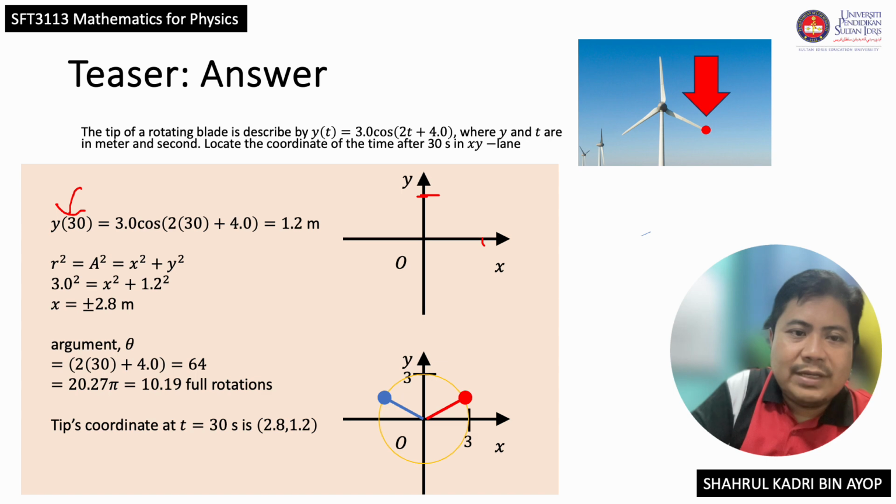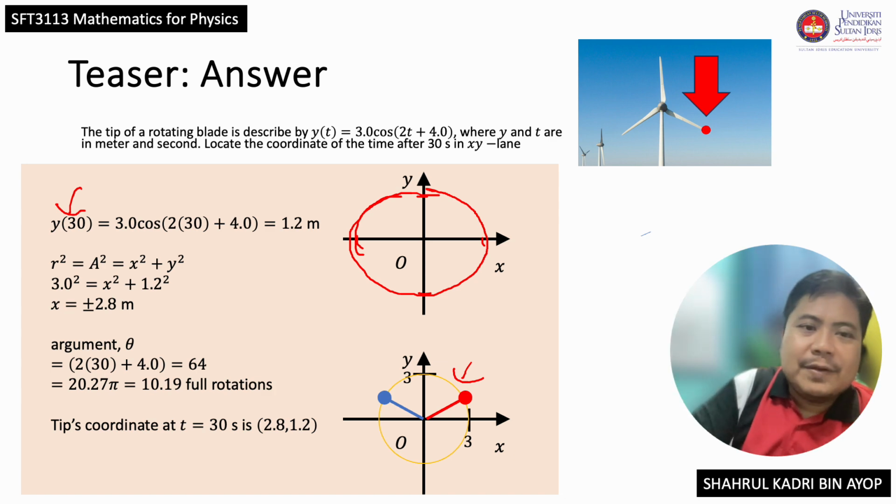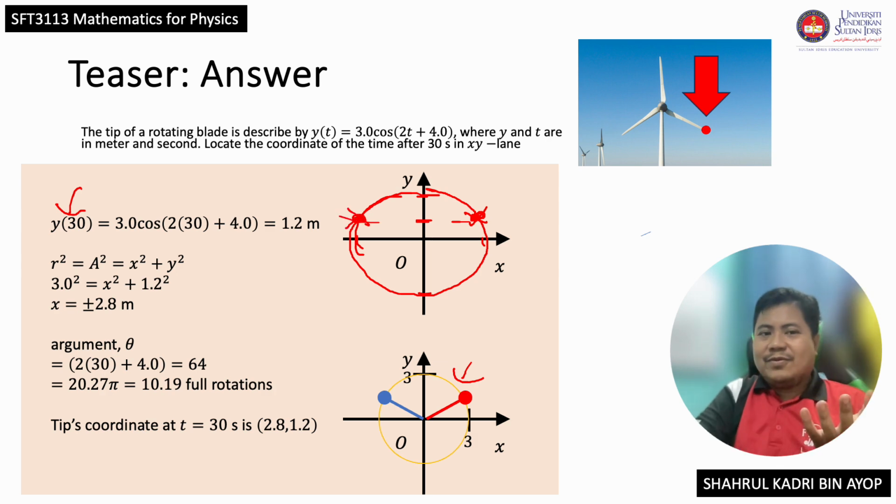First, the border of the motion is around this area, with radius 3. And 1.2 is about here, I think. 1.2 is y. So the position of the tip is either here or here, we do not know, but we know that on the y axis it is located at that level, 1.2 above the x-axis.